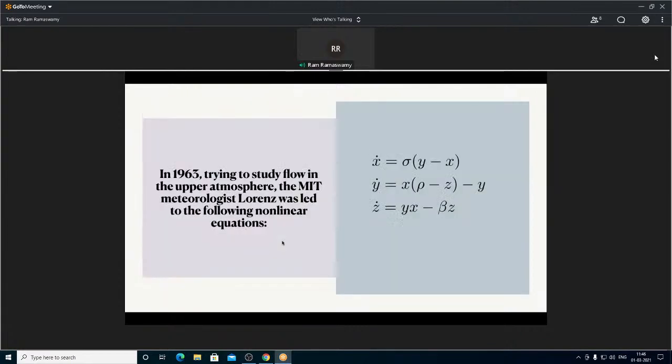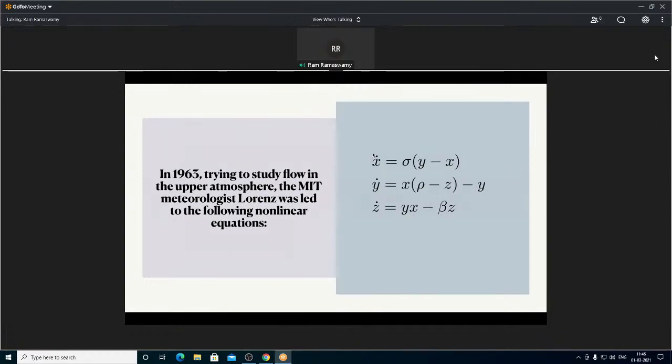Now, about 50 or more years ago, in trying to study the weather, and in relationship to the weather, it was the study of the flow of air in the upper atmosphere, a meteorologist named Lorenz was studying the following set of differential equations.